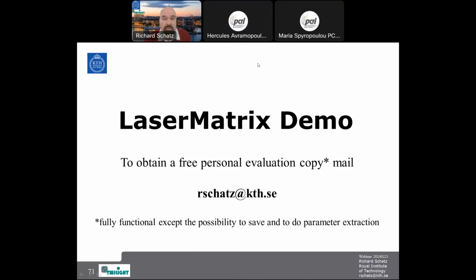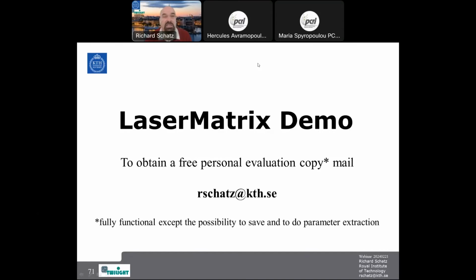If you have VPI, you don't really need LaserMatrix, I would say. LaserMatrix is an alternative to VPI in a way. VPI can also calculate these photon-photon resonances and everything. It's a very versatile program. But LaserMatrix is maybe more intuitive, much easier to use, and faster for designing a laser than VPI.